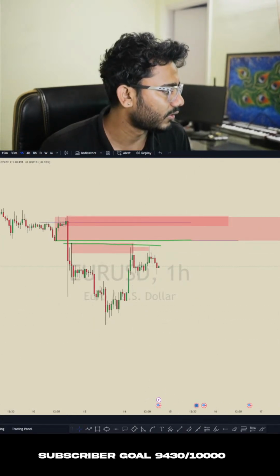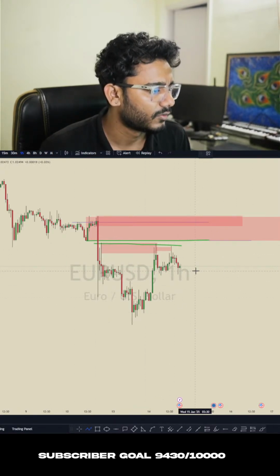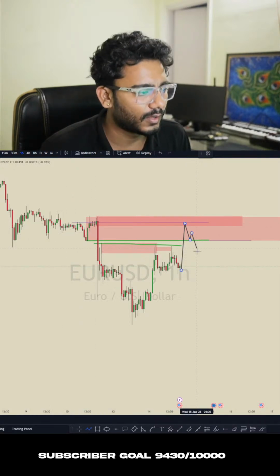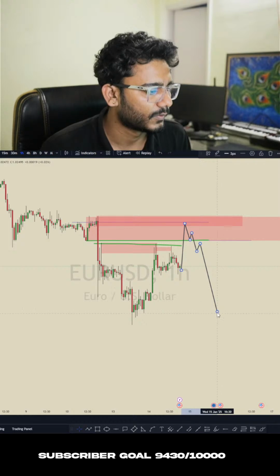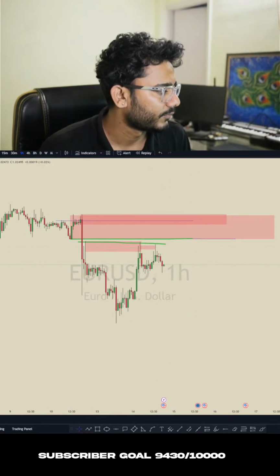First, I normally avoid taking entries in the news when the news comes. So I'll be waiting for price to react from this order block, and then in the continuation, I'll be looking for the sell side. It's very risky to directly take entries.